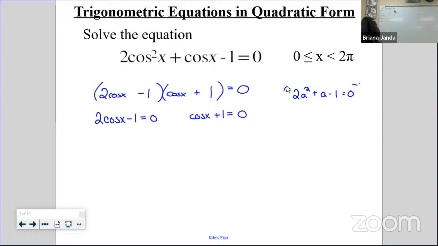So as we solve, let's go ahead and go with the 2 cosine of x minus 1 equation first. So I would add 1, divide by 2. Think through my all students take calc. Cosine is positive in quadrants 1 and 4. So from this, we would find answers from quadrants 1 and 4.